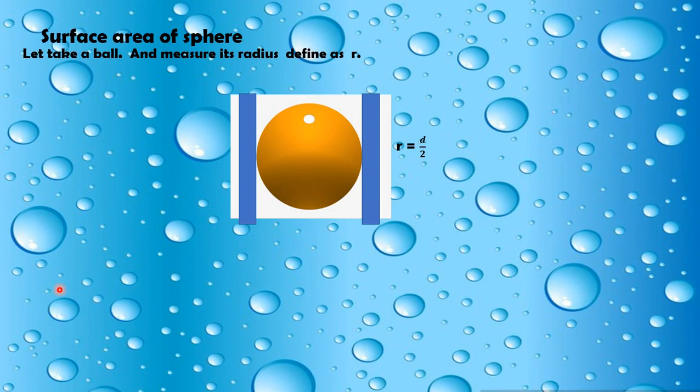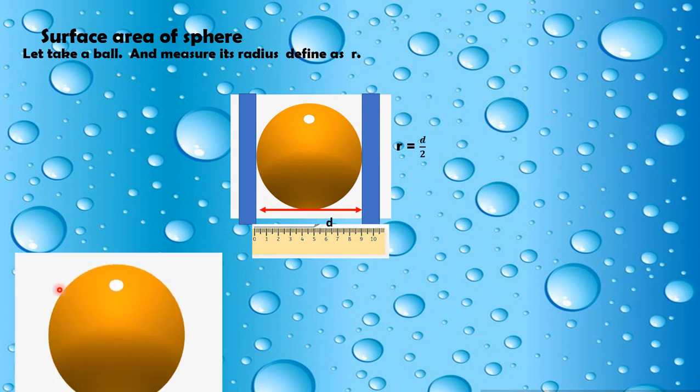The distance between the two cardboards is known as the diameter of the ball, and we will measure how many units the diameter is. So by d upon 2 we can find the radius of this ball.